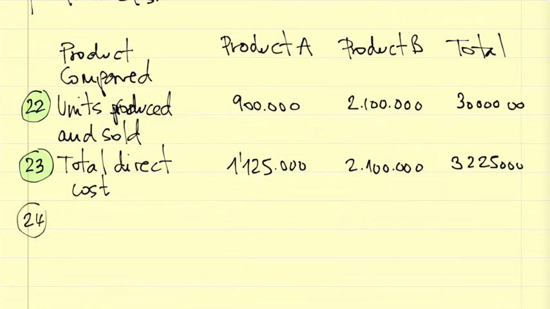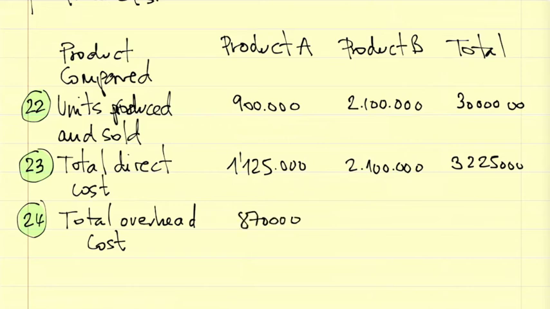We have a total overhead cost of 870,000, 552,500. So we have a total of 1,422,500.